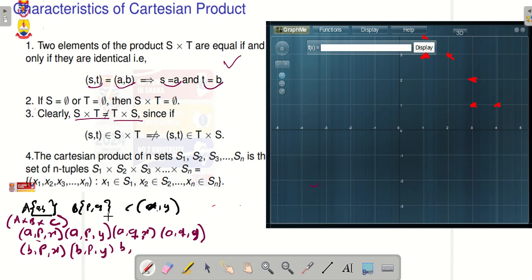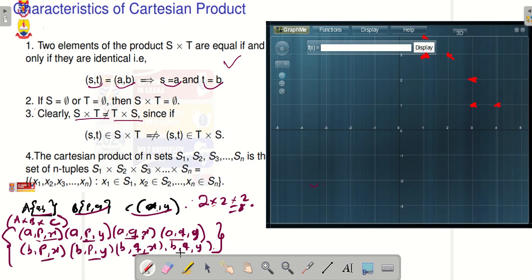This time it will not pair P, it will pair Q, then X. Then finally, B will pair Q and pair Y. So you can see that this will be the total Cartesian product of three sets containing these elements. You realize that A contained two elements, B contained two elements, C contained two elements. So if I take 2 times 2 times 2, I'll get 8, and that will give me the total number of products, which is 8.